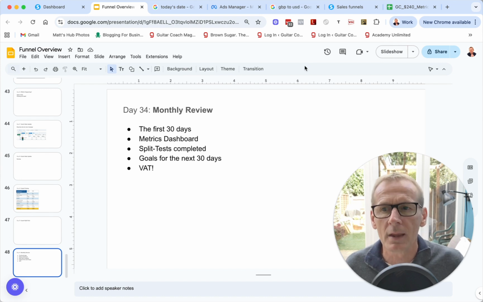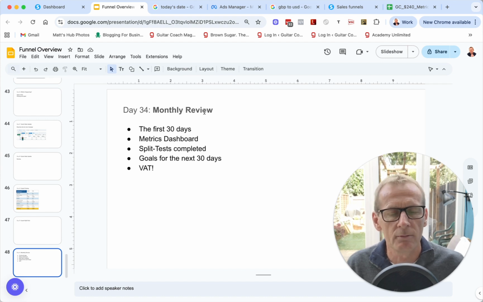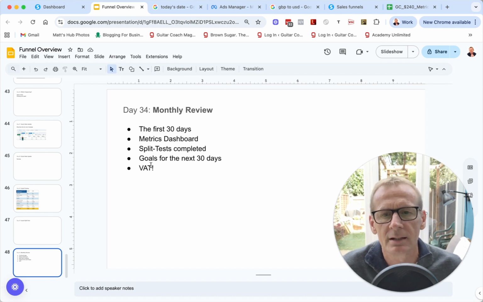I'll share more on that tomorrow, where we look at where the revenue has come from in a breakdown, which should be interesting for me as well. One more challenge I've got is VAT, because the turnover's increased and I now have to register for VAT, which is a 20% sales tax.